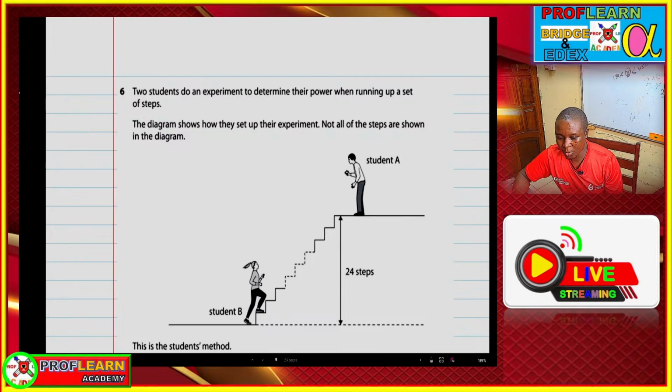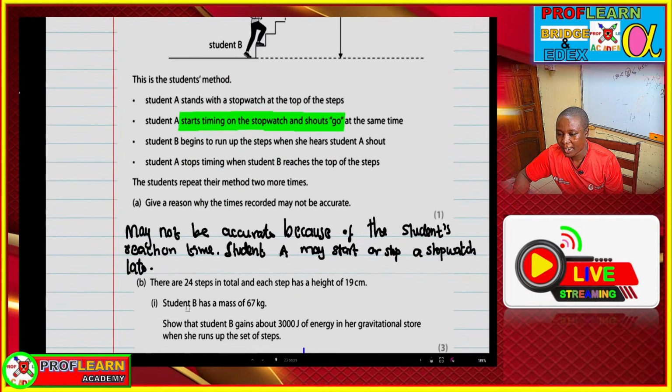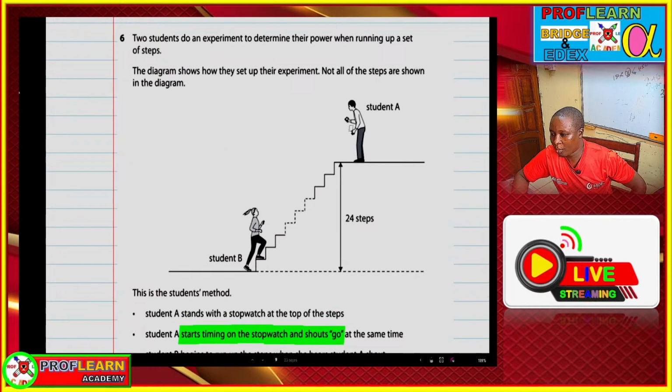And the method the students decide to do is that student A is going to have a stopwatch and is going to start immediately, tells this person to start running up, and then is going to time how long student B is going to take to run up the steps.